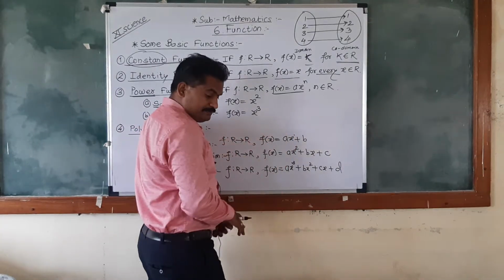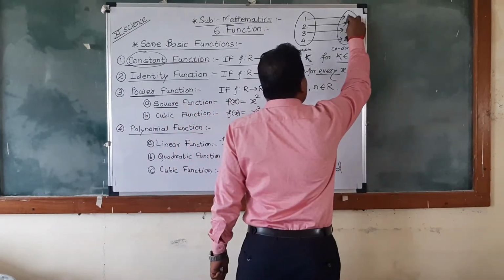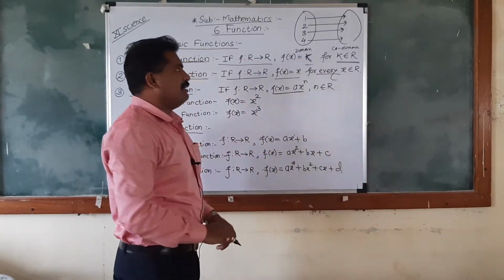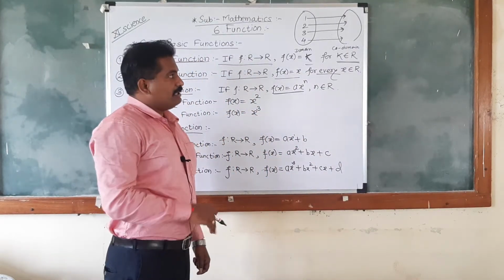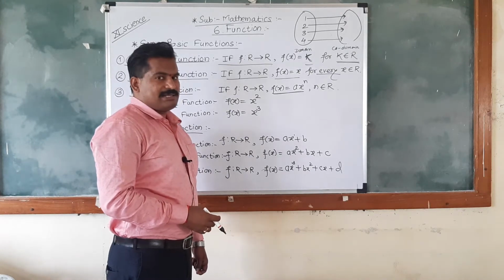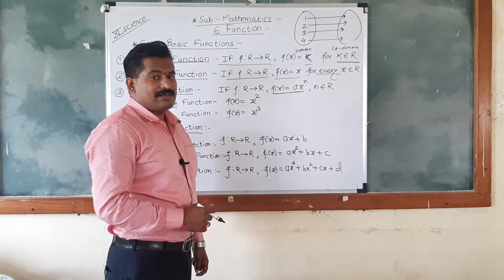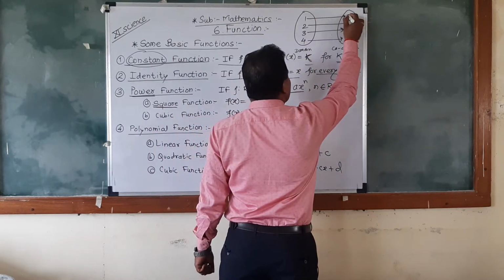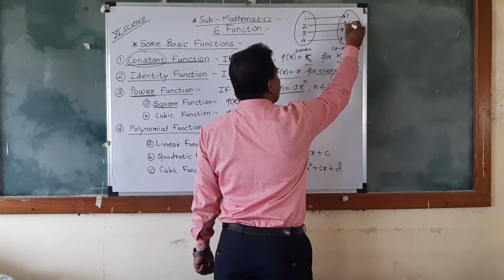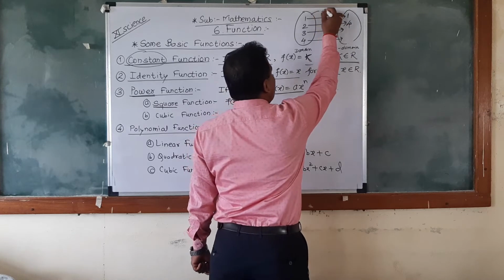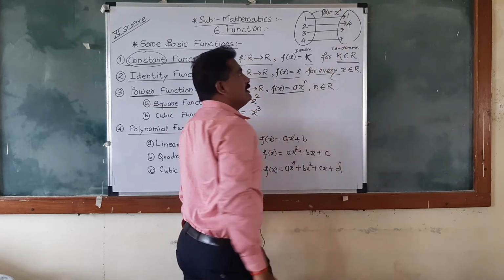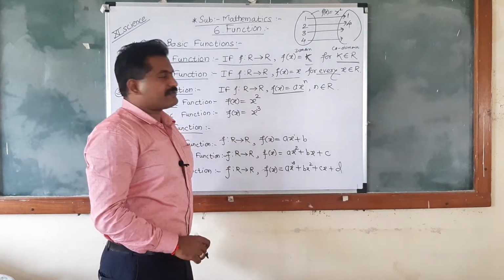For example, 1, 2, 3, 4 are elements in the domain. Then what are the images in the codomain? 1 goes to 1, 2 goes to 4 because the function is x square.